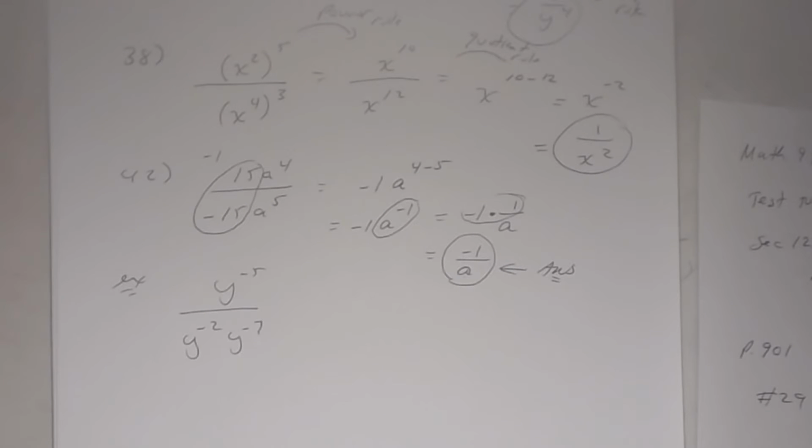So given that, what rule are you going to use first? Yeah, you use product rule where? In the denominator. That's what I would use first. So what is y to the negative 2nd times y to the negative 7th? Y to the negative 9.